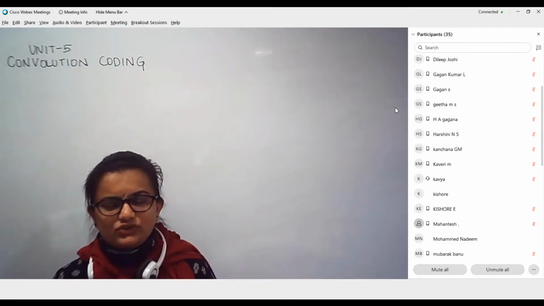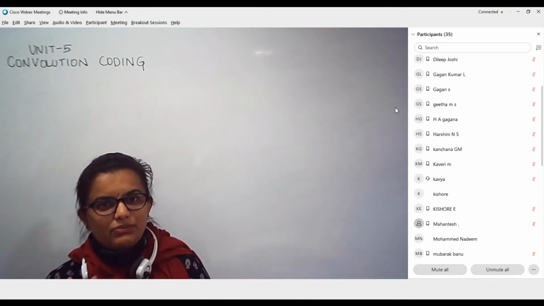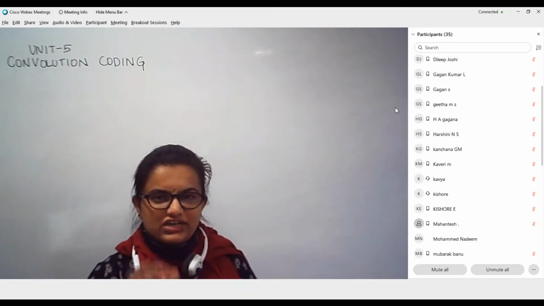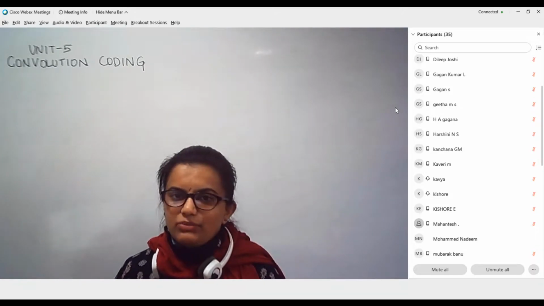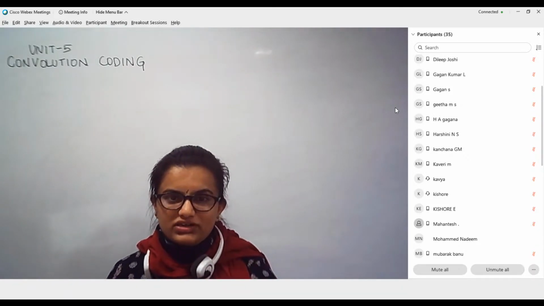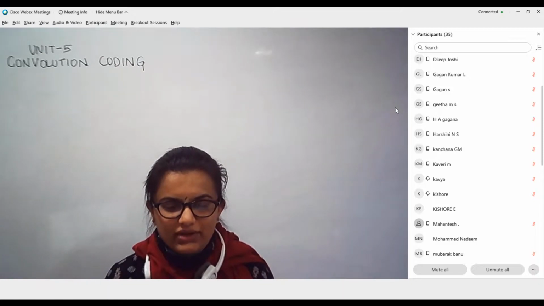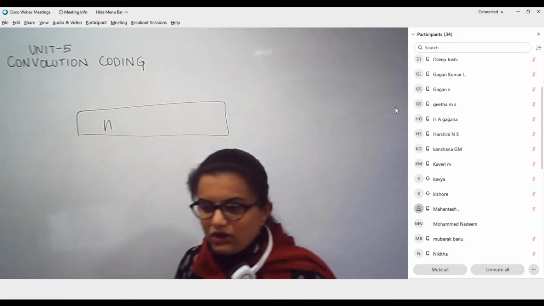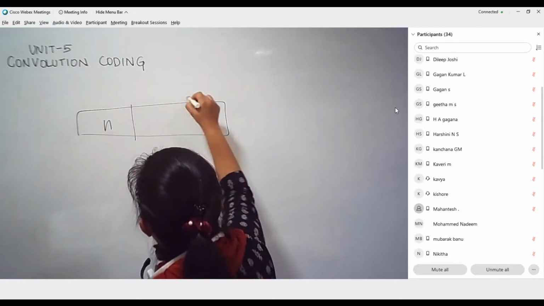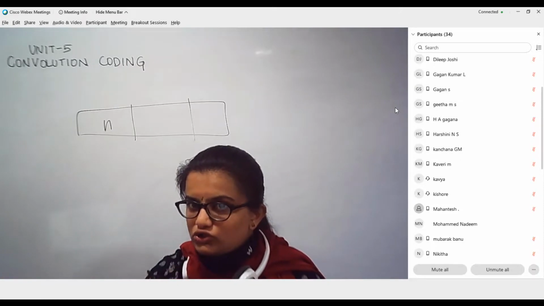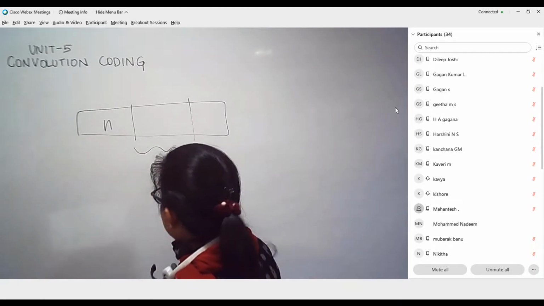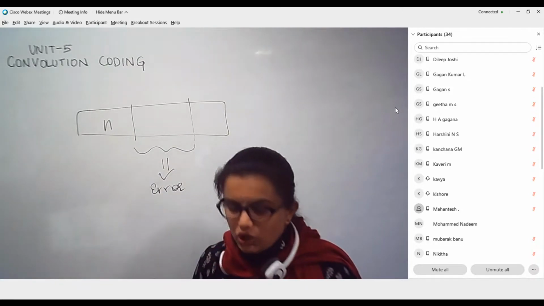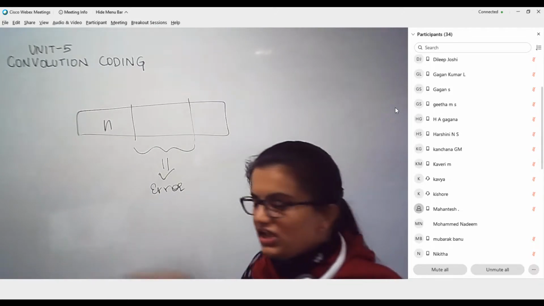What is the advantage of this? Let's suppose I am sending a block code which is an n coded vector over the channel. For some reason, a burst error has occurred. What do you mean by burst error? Whenever we send an n-bit block, most of the bits in it, not 1, not 2, but more than 2 bits, end up in error. So this portion has completely gone in error. In that case, we will not be able to recover the information in any manner.